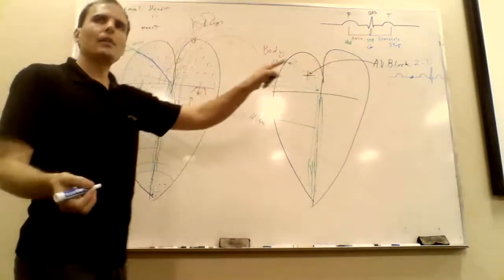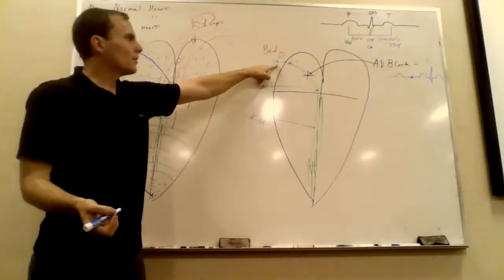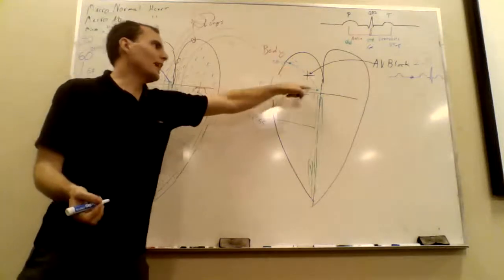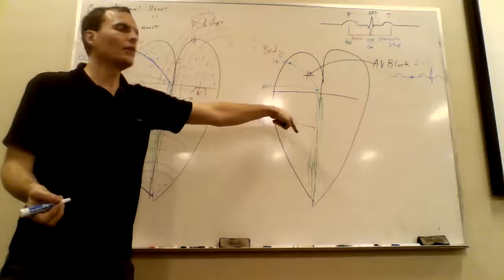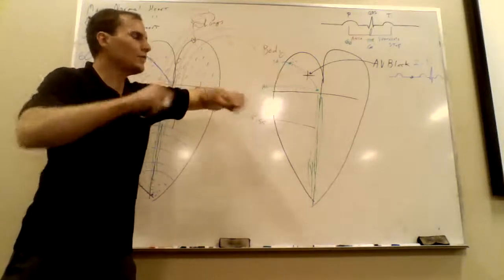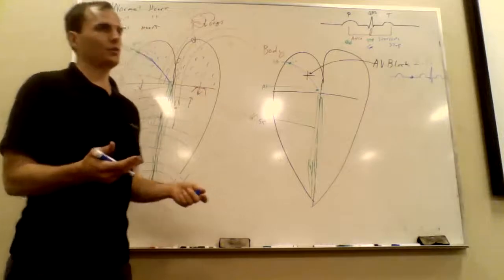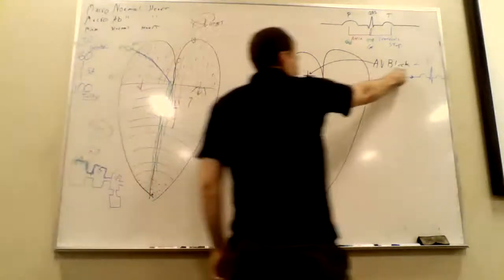Does it make sense why? This pacemaker is twice as fast as this pacemaker, and this one can't send a signal there, so the backup is being used for the bottom of the heart. So the atria squeeze twice for every 1 time down here, and they're no longer in rhythm with each other, which can lead to interesting issues. This is AV block.